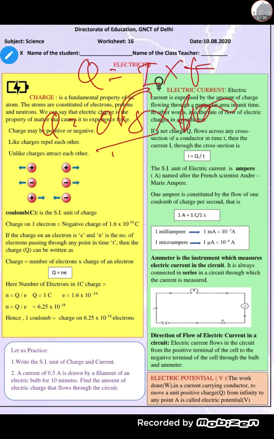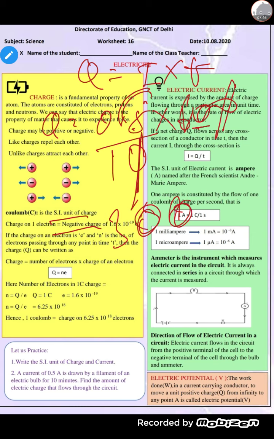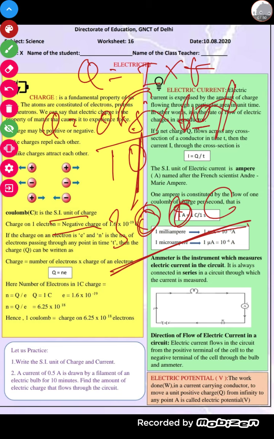If you remove this point, we'll have 5 into 600 upon 10. In this way, the 0 and 0 cancel, 5 sixes are 30, and this 0, it will become 300 coulomb. So this is all about your worksheet.